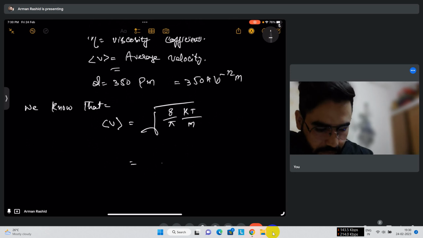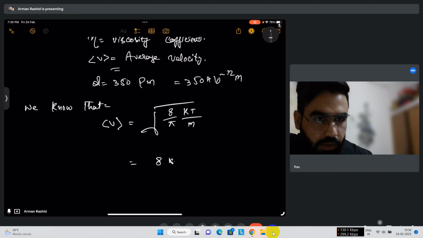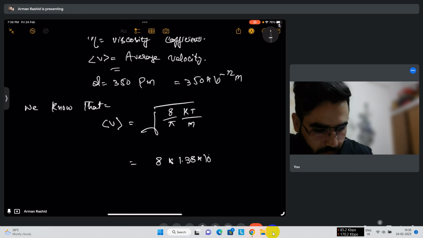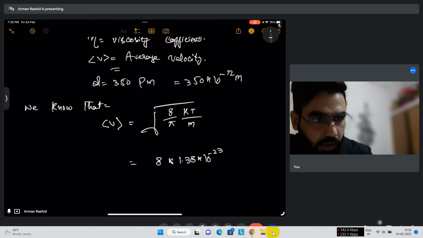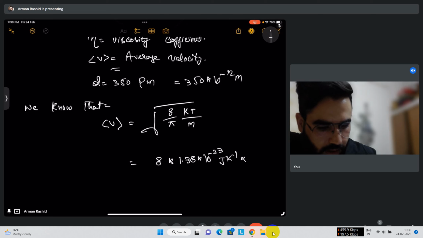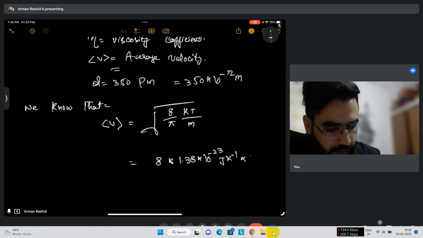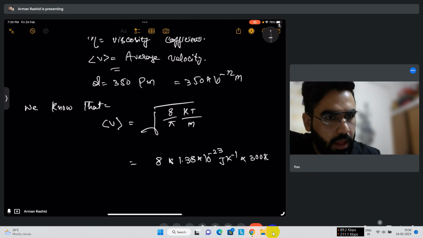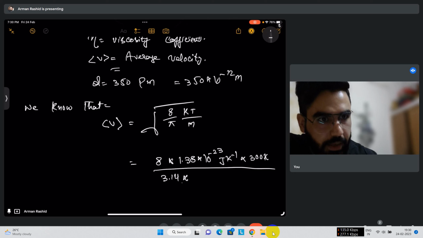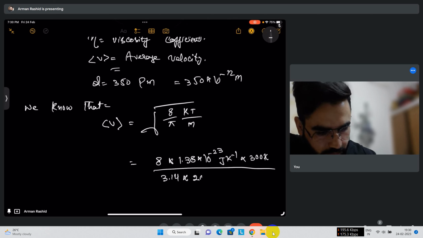So that is taken as 8 multiplied by the value of k, then temperature 300 Kelvin, divided by 3.14 multiplied by mass 20.